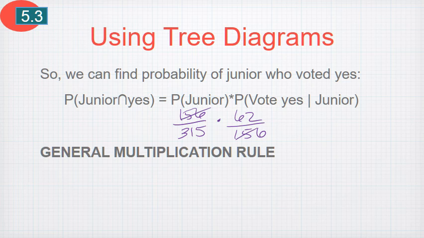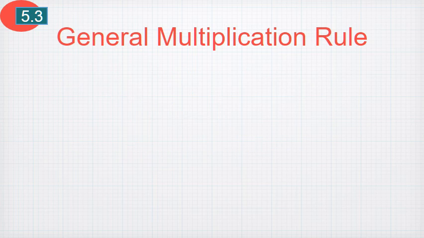The 156 cancel out, just like we did before. Hey, it's the same exact problem. And we end up with 0.196 probability. So what we have now leads us to what's called the general multiplication rule.